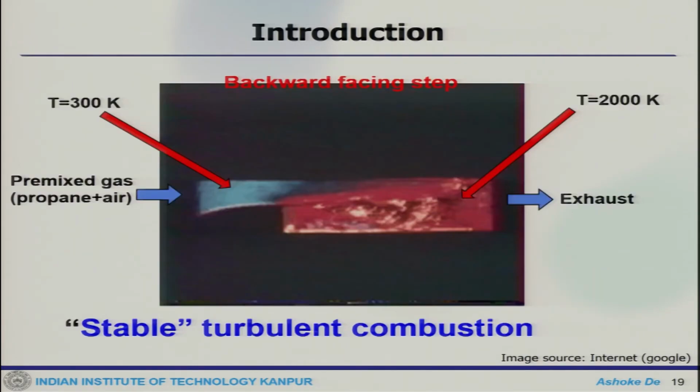So, we talk about different kinds of combustion, their applications, and the impact on the downstream components of different units. There is a simple example of a backward facing step where you have propane and air as a premixed gas which is injected at a temperature like this, and this is the combustion product, and this goes to basically the exit or the exhaust.